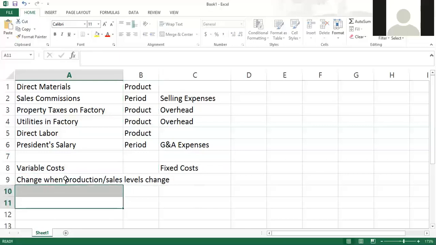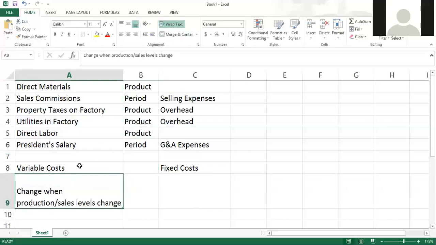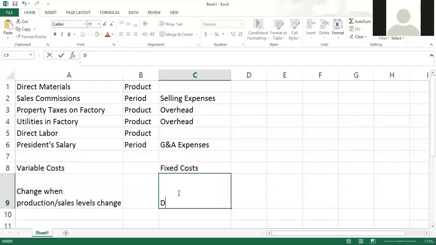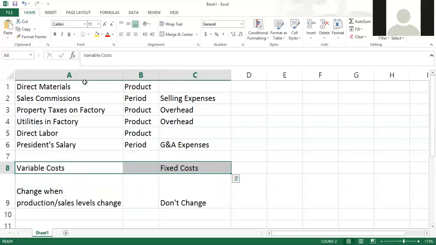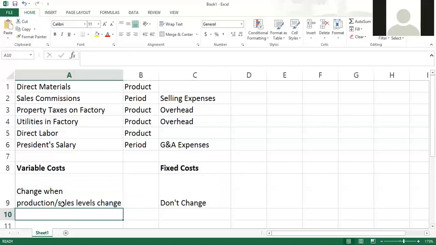We'll word wrap that so it fits a little better there. And I'm going to shorten this one. That really should say don't change when production or sales levels change. So our two classifications all have to do with whether they fluctuate when production or sales fluctuates.